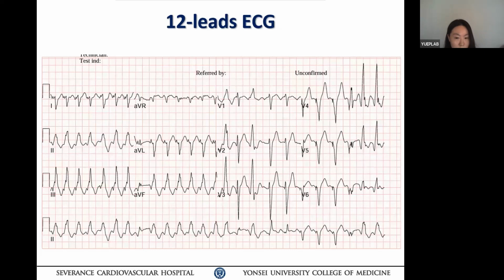Which beat? Maybe the middle part is the fusion beat, and a slow P wave near the QRS complex is not regular, so I think it's VA dissociation, and the last beats were the paced rhythm.